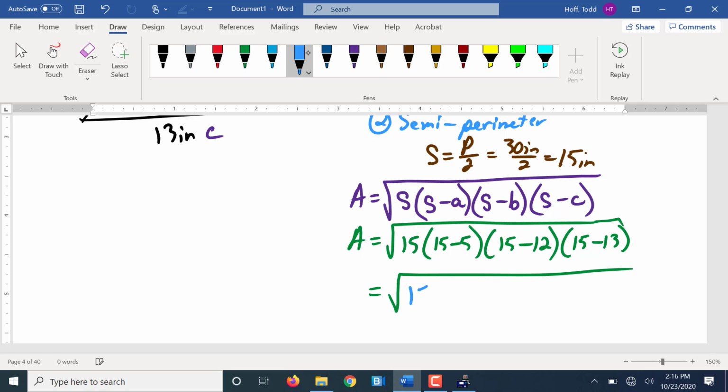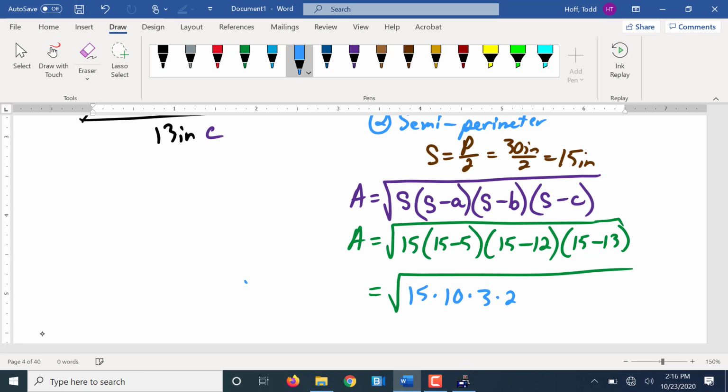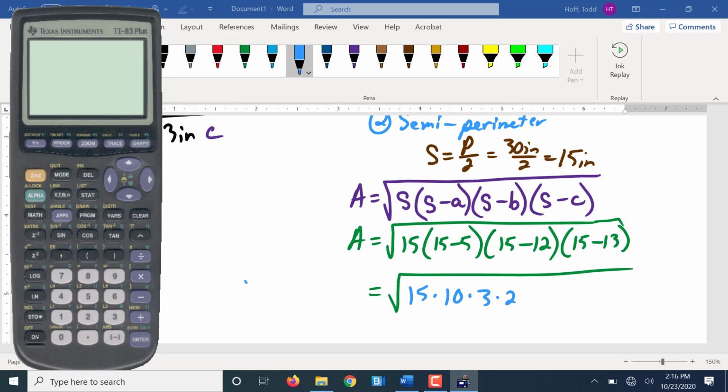So that's the square root of 15 times 10 times 3 times 2. What's that come out to be? 900?